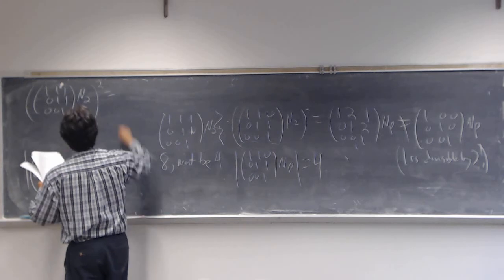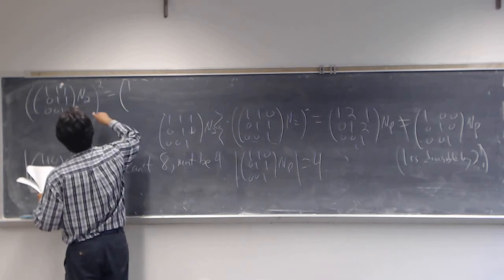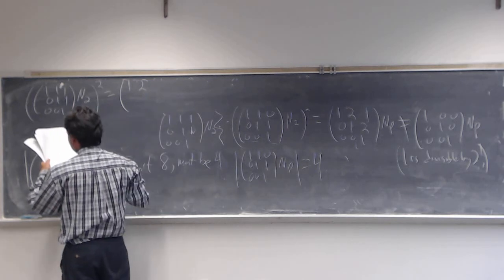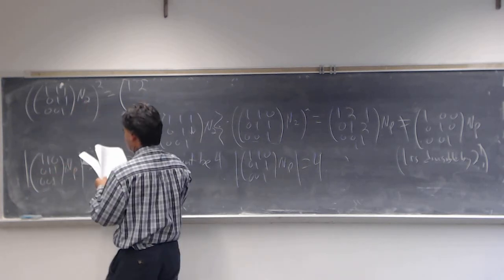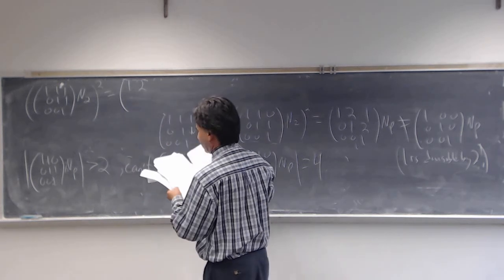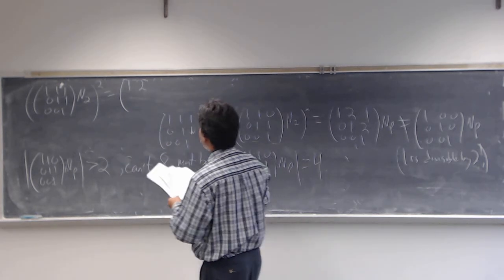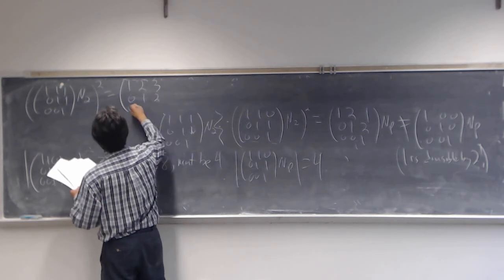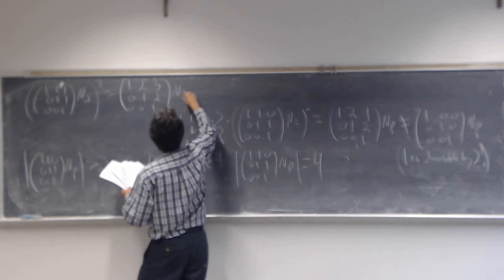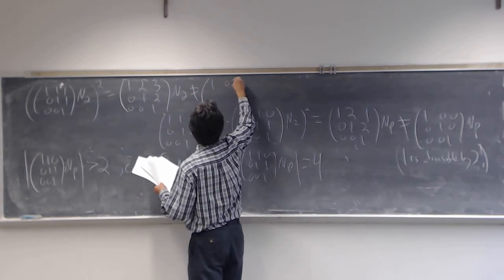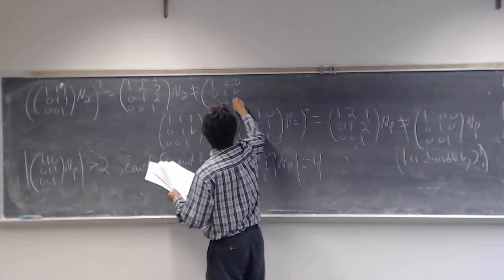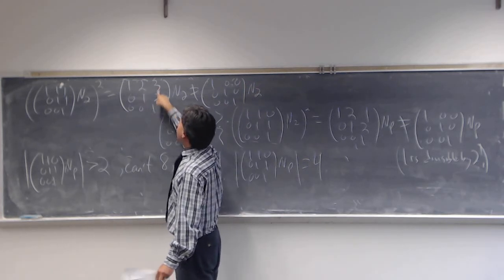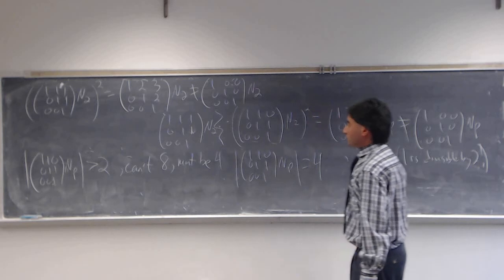That would just give me 1, 2, I think I should get a 3, right? 3, 0, 1, 2, 0, 0, 1, 2, which again is not the identity element, because while these two elements are divisible by 2, 3 is not divisible by 2.